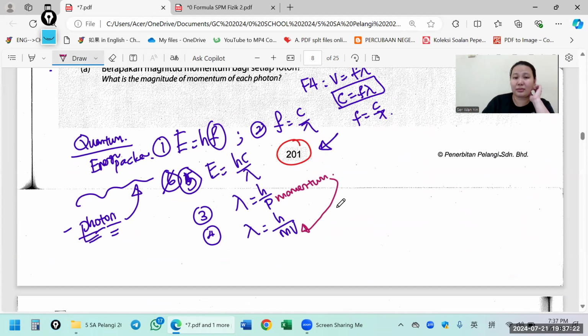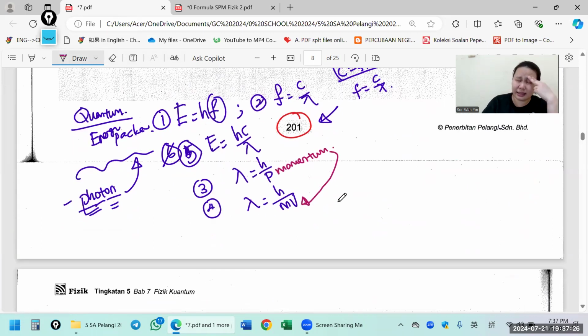Why do we say that? Because it's under, what is it? Forgot the name already. The person who said wave-particle duality. De Broglie.